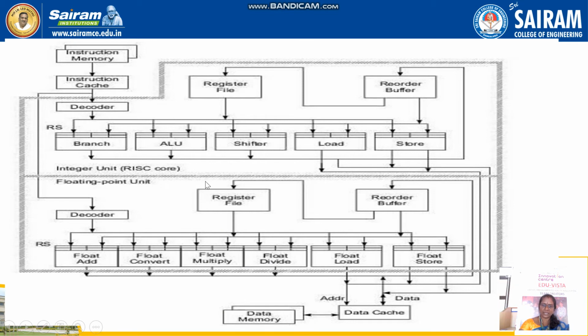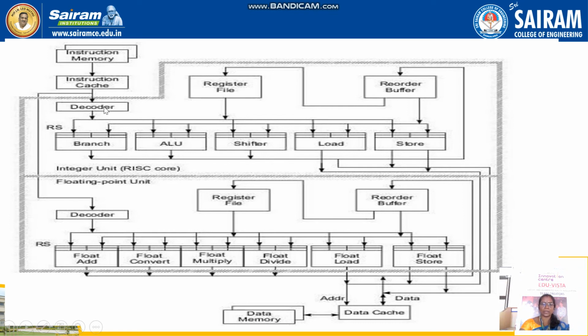Here the same functional units are repeated, but they are named float add, float convert, float multiply, float divide, float load, and float store. The naming is different, and there is a decoder for the integer unit and one more decoder for the floating point unit.